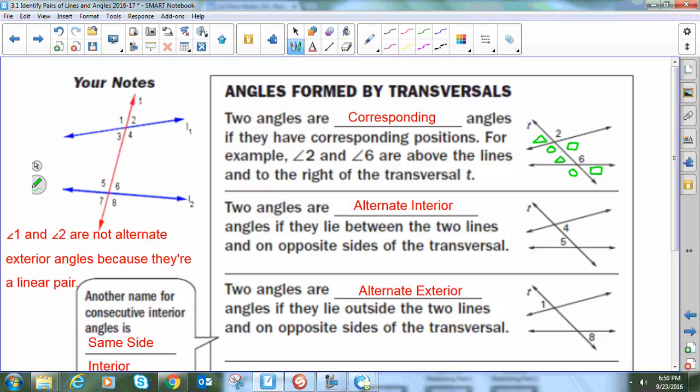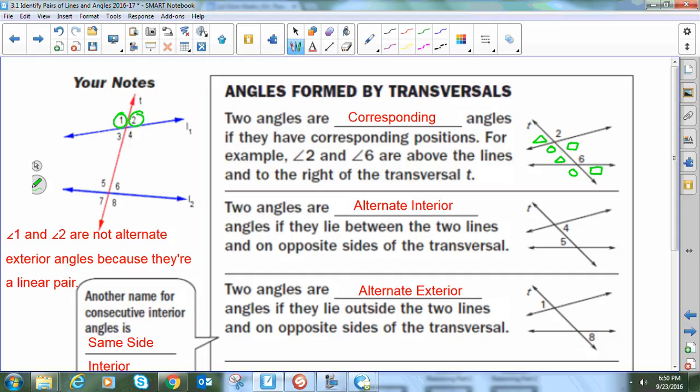If we look here where angle 1 and angle 2 are located, I have had students try to justify saying that those are alternate exterior angles. I mean, they are in the exterior region of the figure, and they're definitely on different sides of the transversal line. Now, unfortunately, we wouldn't classify these 2 angles as alternate interior or alternate exterior angles because they're not really using both of the lines associated with the transversal.